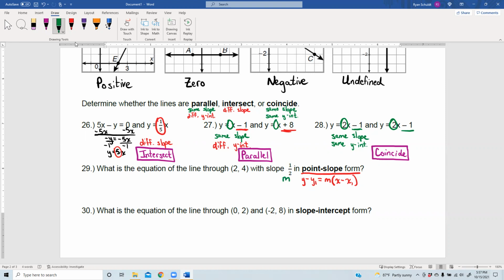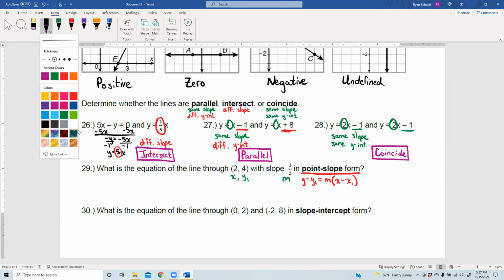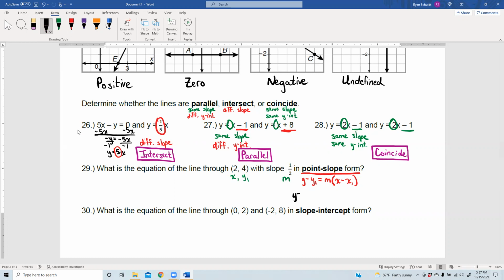They give us a point of 2, 4. There's x1, y1. Looks to me like we have everything we need. So we can plug in to get our answer. Let's see, y minus y1 is 4 equals our slope, which is 1/2, times x minus x1, which is 2. There's our answer.